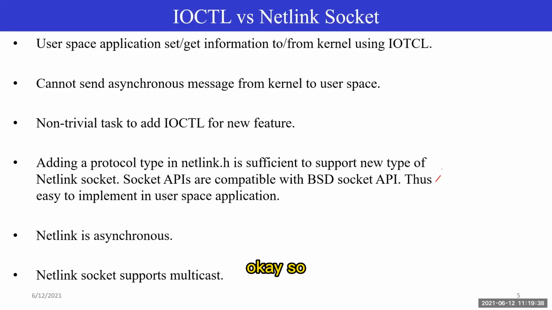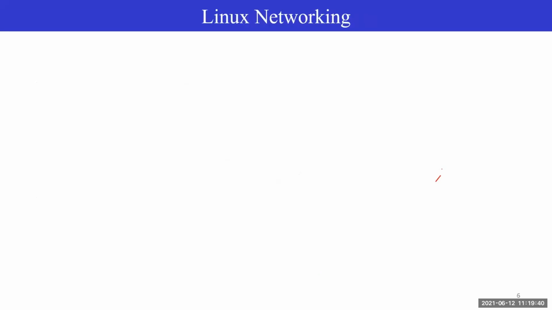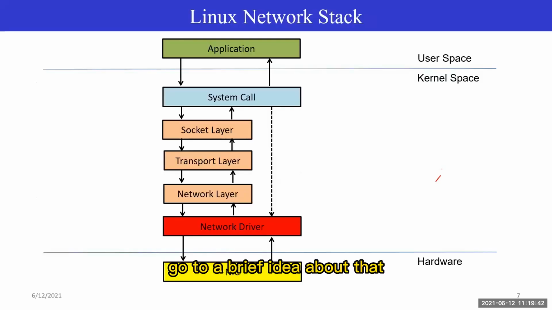Okay, so let me now go to a brief idea about the Linux network stack. This is a typical Linux TCP/IP stack where there are mainly 3 layers.